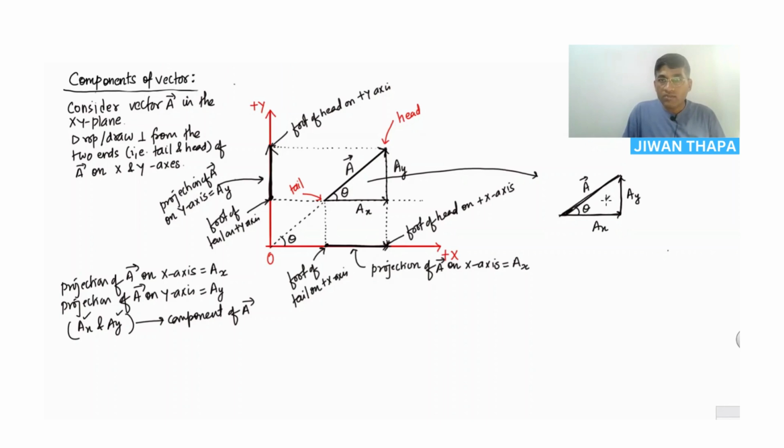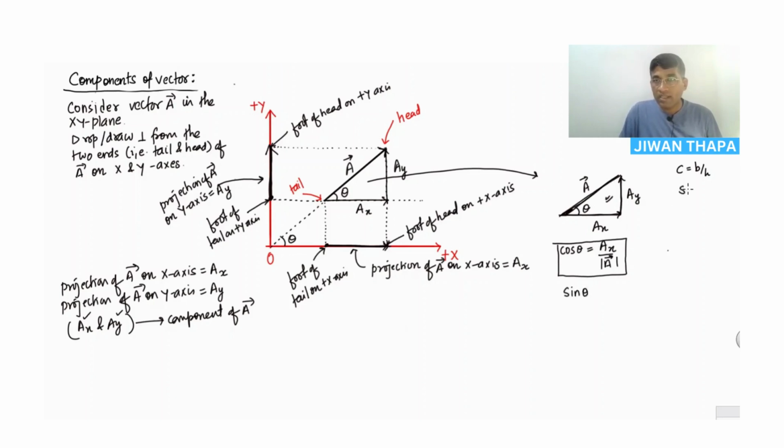Now, in this triangle, since we know cos equals base by hypotenuse, the base is AX and the hypotenuse is A. So cos theta equals AX by A. Again, let us find sine theta from this triangle.